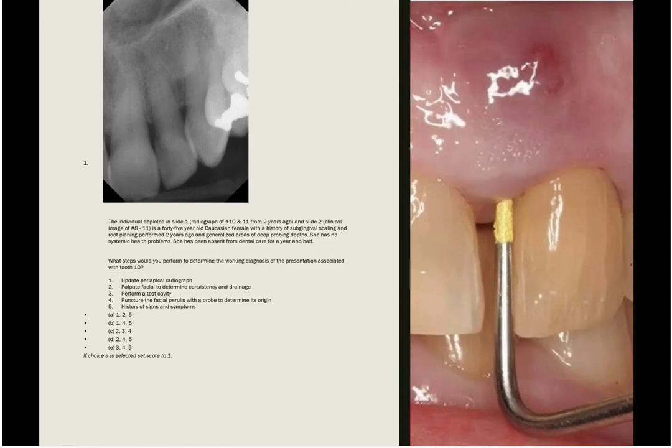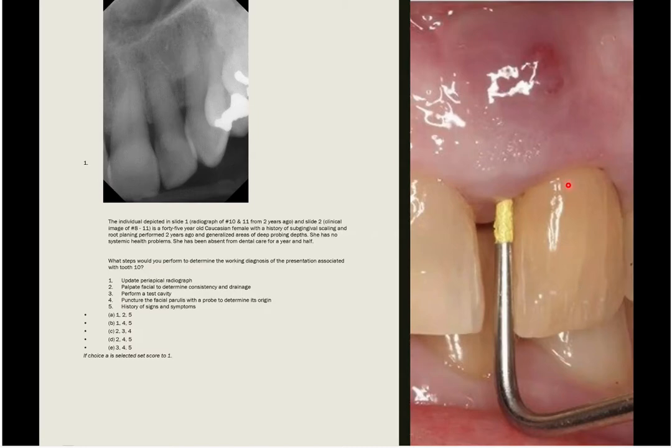So I'm going to start out with some of the case-based questions so that you have a thought process when you study. So this is the case, and I'm hoping that my window is not blocking yours.